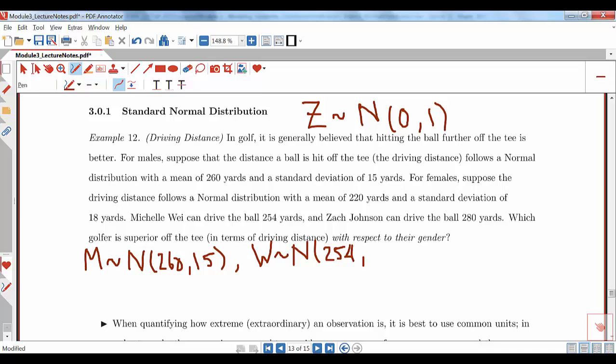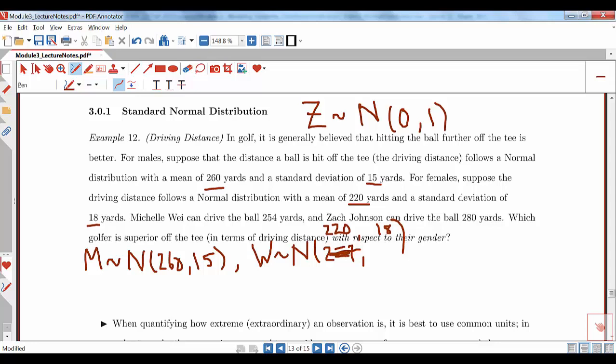Sorry, I made a mistake earlier, so the women's mean is 220 with a standard deviation of 18.